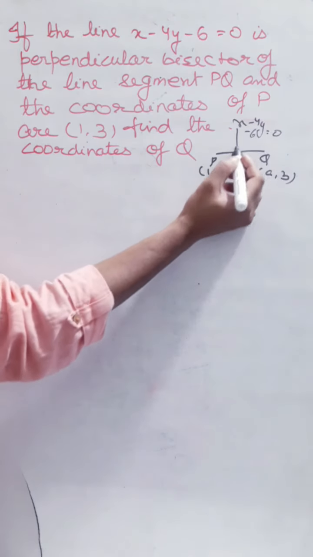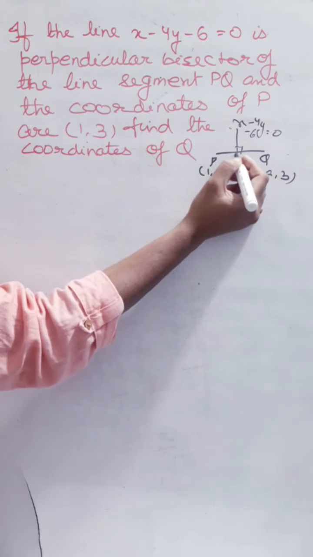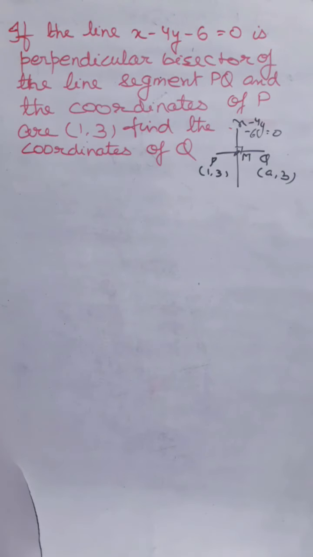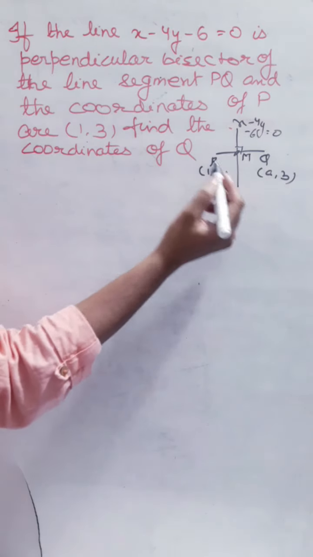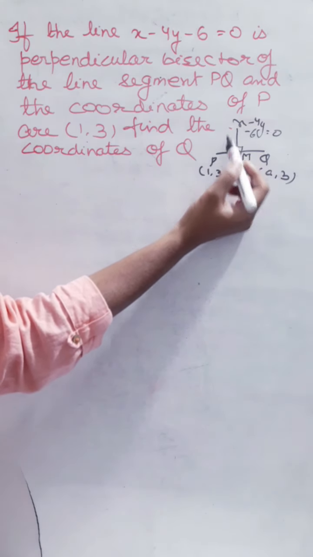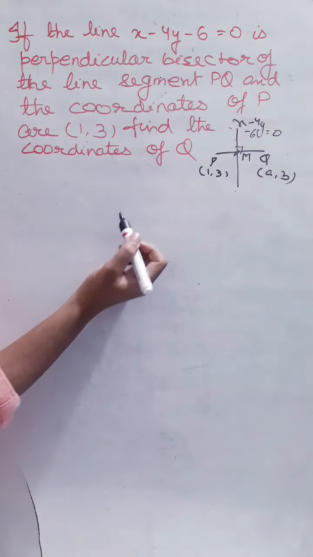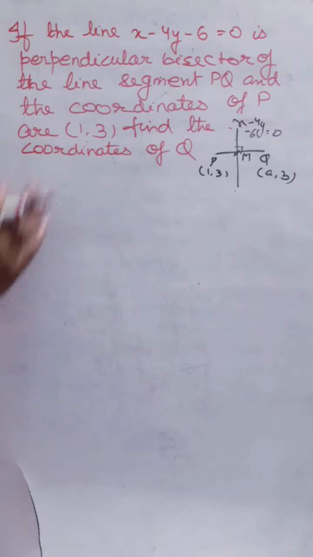Now this line is the perpendicular bisector, so it will pass through the midpoint of PQ. If I take the midpoint of PQ as M, then this line passes through it, that's the first thing, and second, the slope of PQ and the slope of this line will be negative reciprocals of each other. So from these two things we will solve the problem.